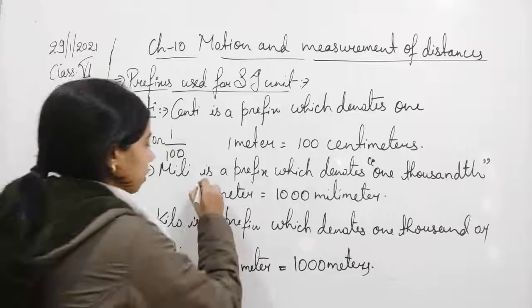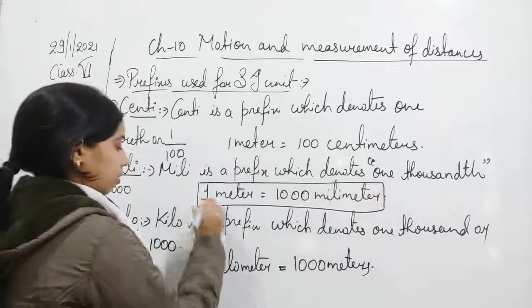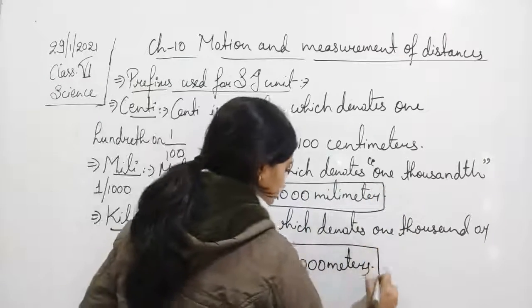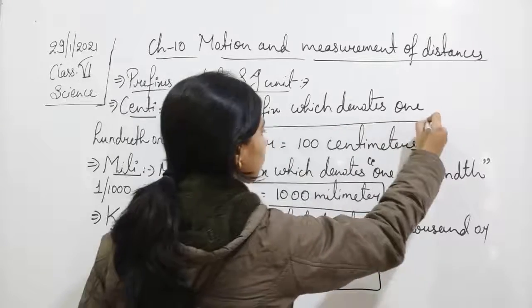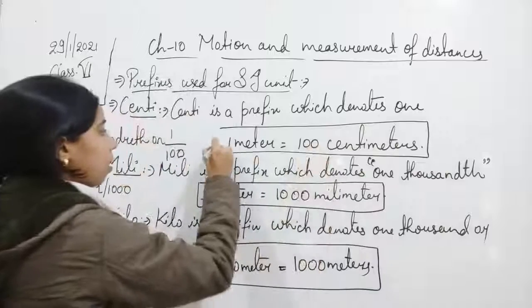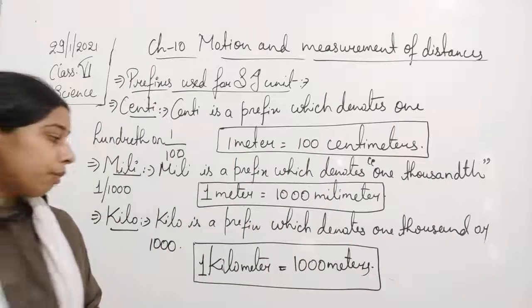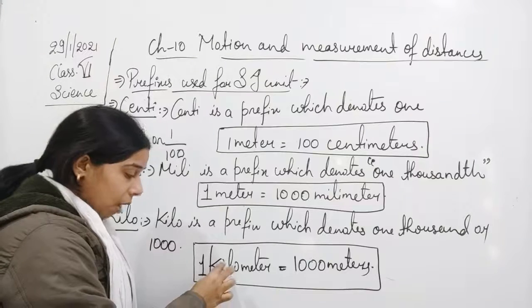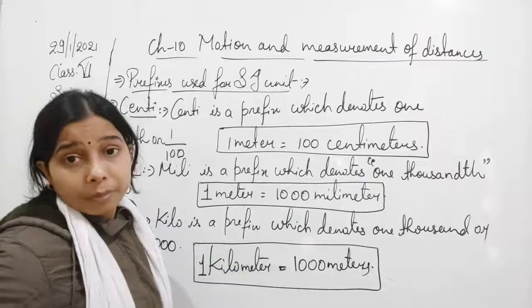Now you look at all these things, students. When you add the kilo to that of the meter, it will give us 1,000 meter.